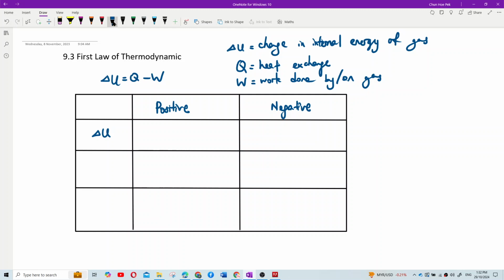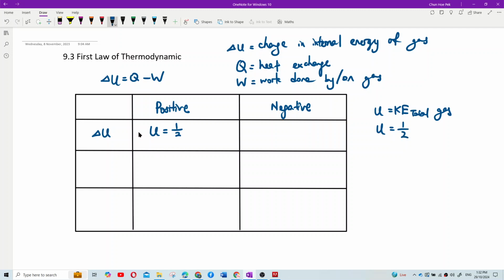Okay, so when you have a positive delta U, it means that the internal energy increases. Remember the internal energy is the total kinetic energy of gas. So what's the formula for internal energy?